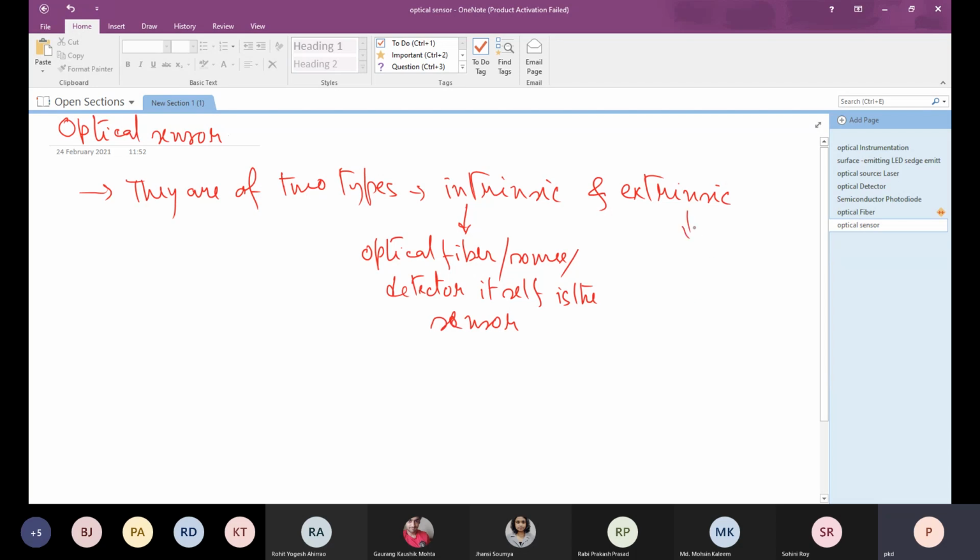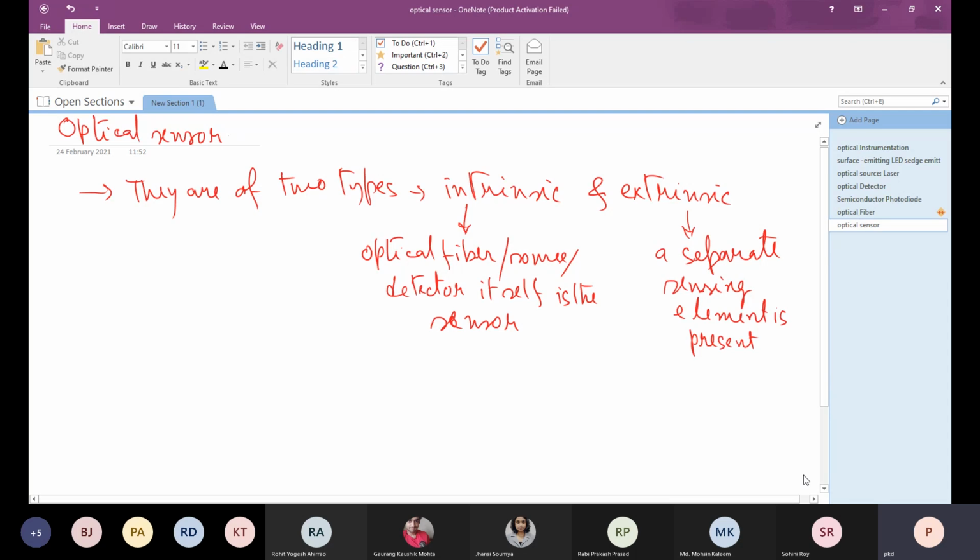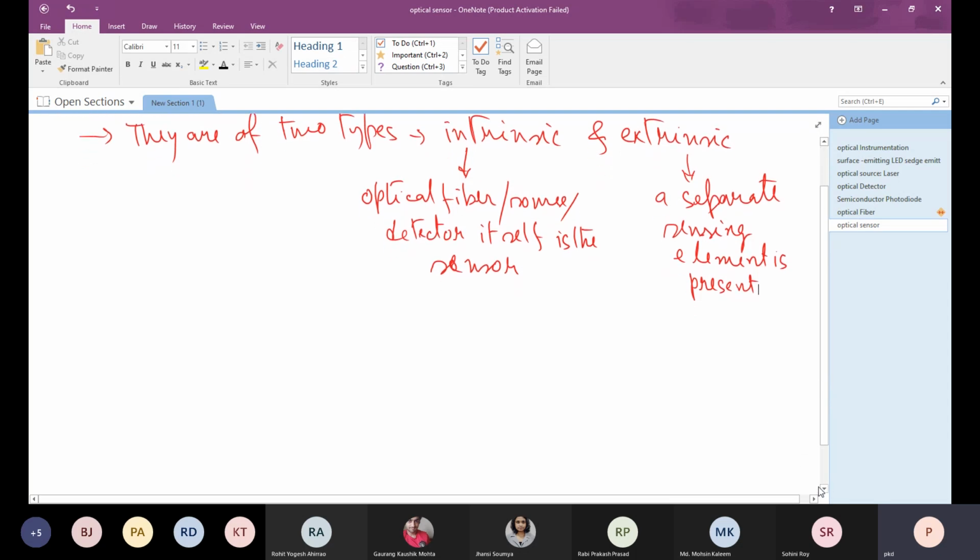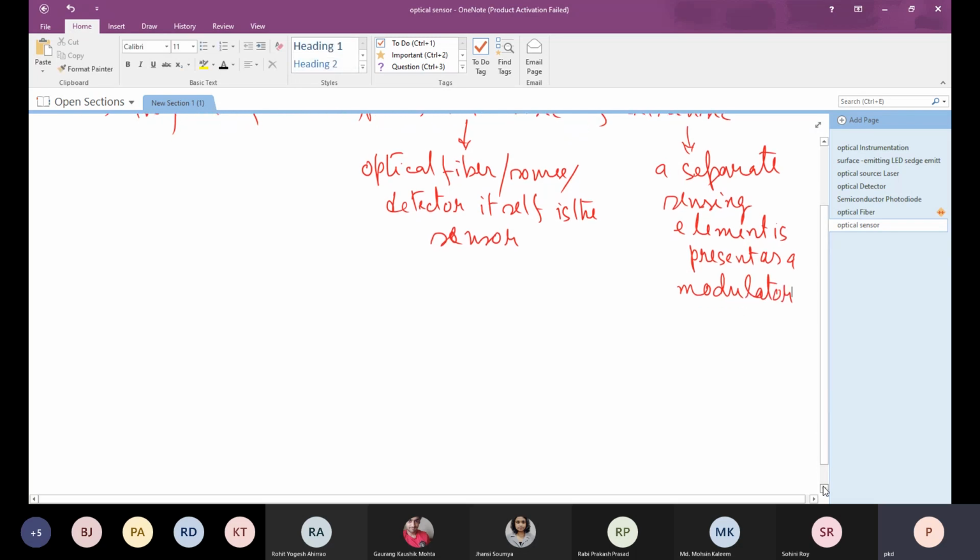And extrinsic, basically a separate sensing element is present. So this is a modulator. So we shall discuss a few examples.